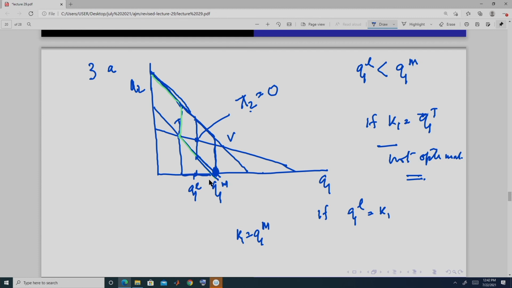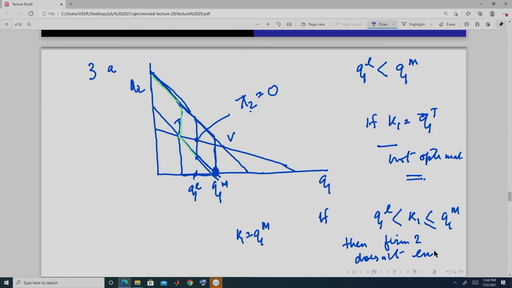Actually, the output is this, because if capacity is more than this, then firm 1 has monopoly output, and firm 2 does not enter. If it does not enter, then what is going to happen? It means firm 1 has deterred the entry.